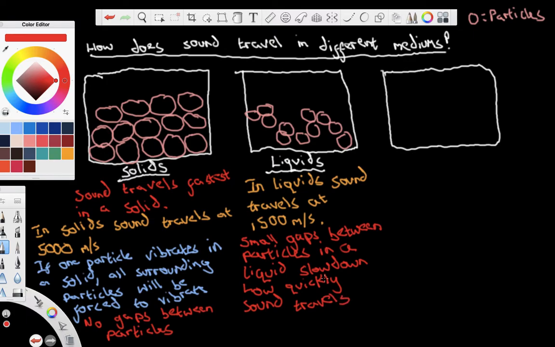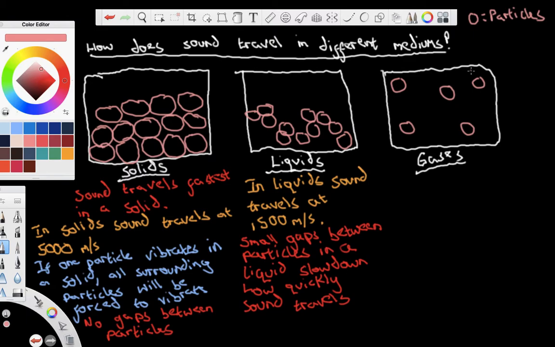Okay? The final one we need to look at and talk about are gases. Okay? Now, if we were to draw the particles in a gas, we would just need to draw particles spread out with large gaps between them, like this. Now, for this reason, the particles do not transmit sound very quickly.